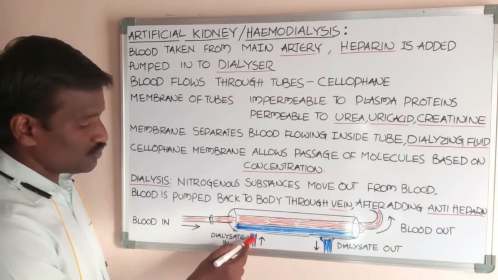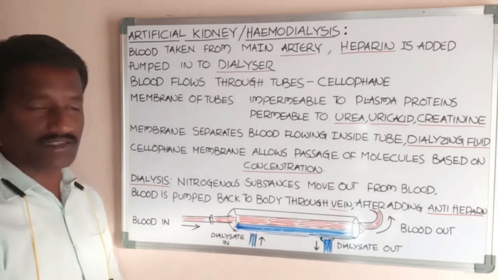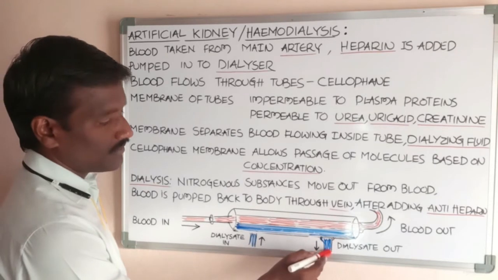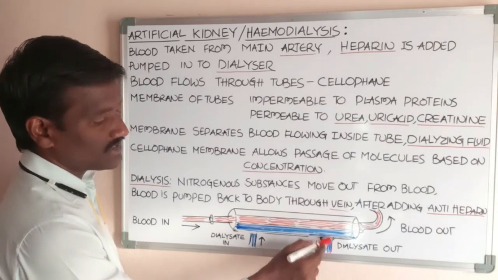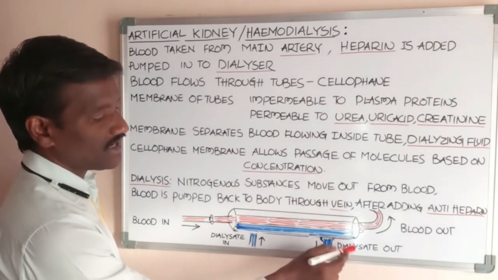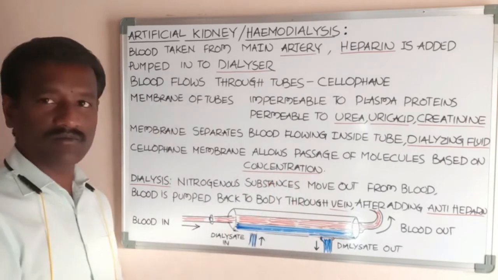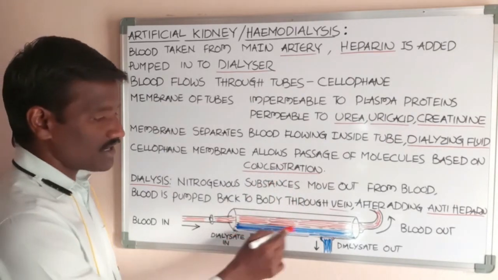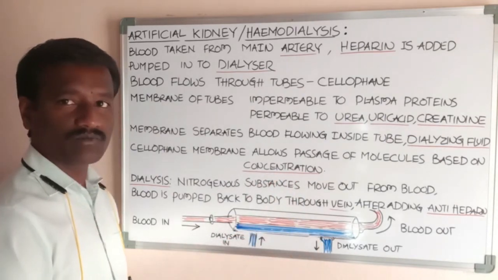This one is the tube that helps in the entry of the dialysate into the dialyzer. This is the tube used for exit of the dialysate from the dialyzer after the filtration of the blood.